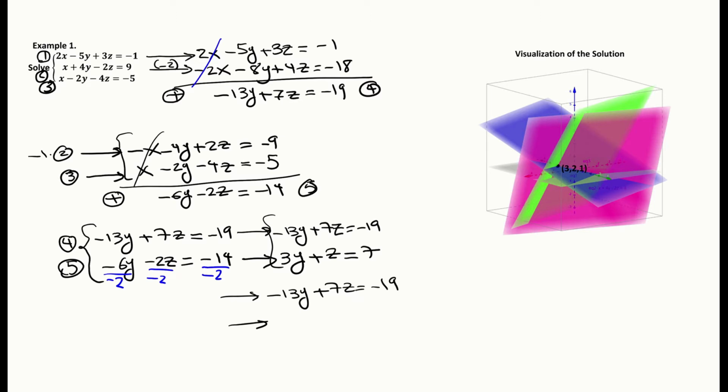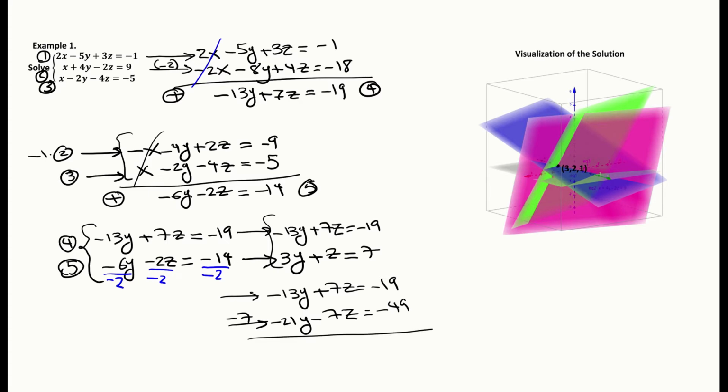Don't forget that because of distribution, each of those three terms needs to be multiplied by negative 7. So we get negative 21y minus 7z equals negative 49.